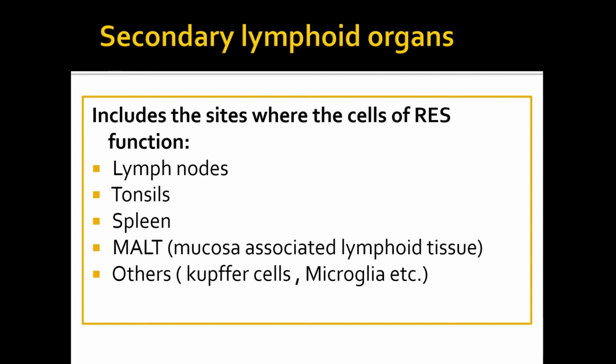The most common are the lymph nodes, tonsils, spleen, and MALT, mucosa associated lymphoid tissues, Kupffer cells, and microglial cells. These are the different sites, also known as secondary lymphoid organs, where the cells of the reticuloendothelial system will work.